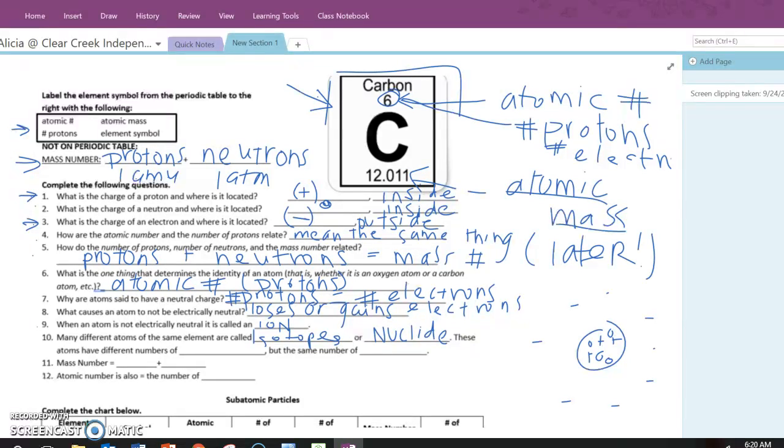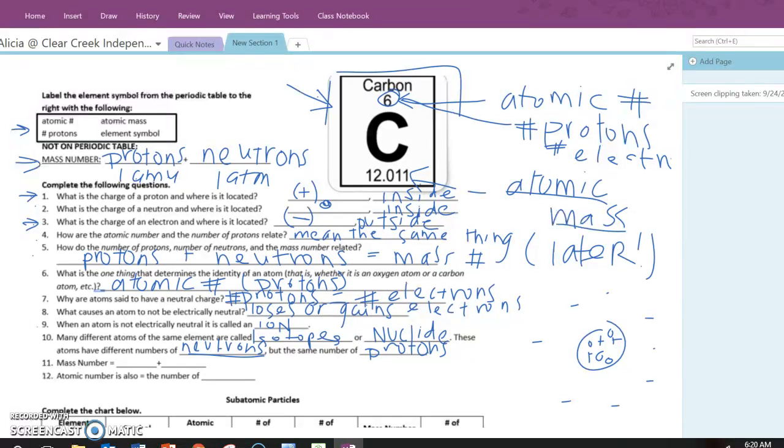Many different atoms of the same element are called isotopes or nuclides. These atoms have different numbers of neutrons, but the same number of protons. Remember, you can't change the number of protons without changing the element. So you can have various numbers of neutrons.